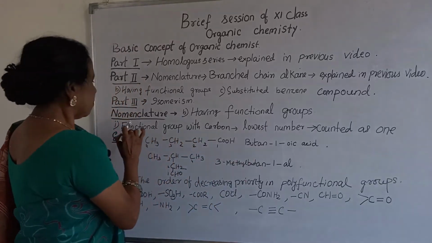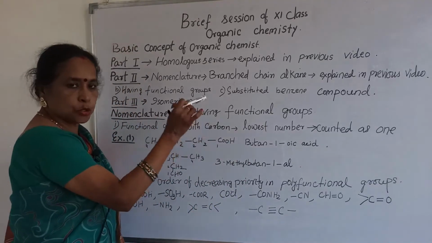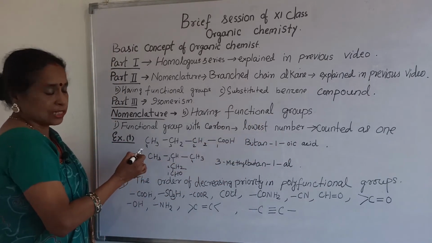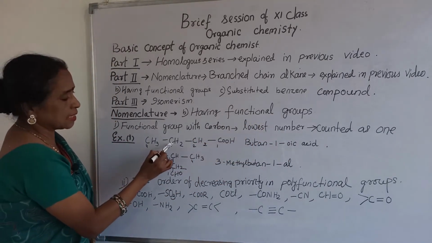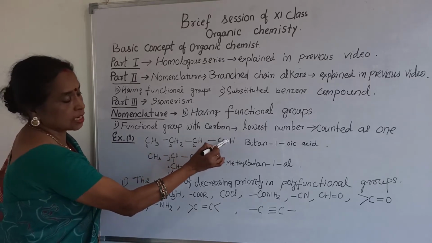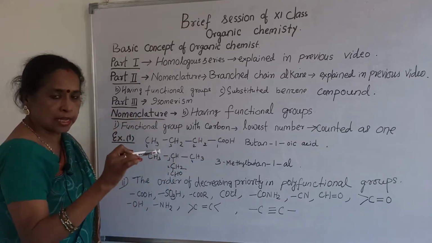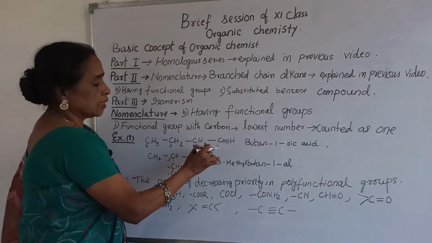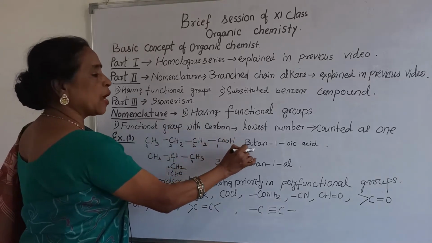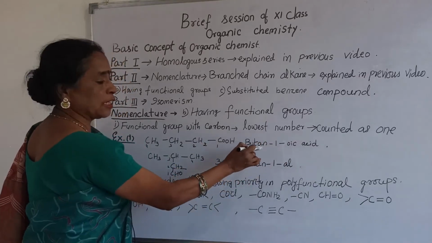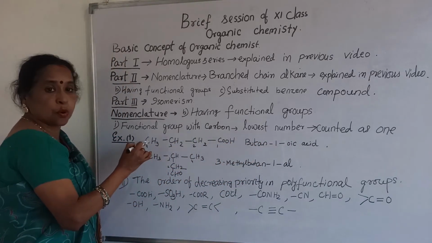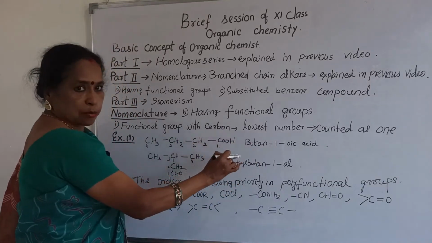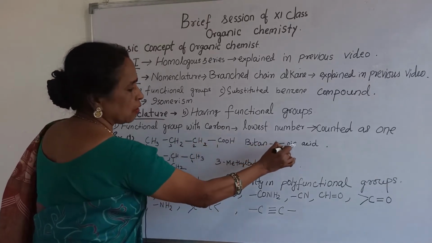Example, we can see here, CH3CH2CH2COOH. COOH is the carboxylic group, and since it contains carbon, the name is butan-1-oic acid. Why butane? Because it contains 4 carbons. The 1 means the carboxylic group is in position 1, and oic acid.